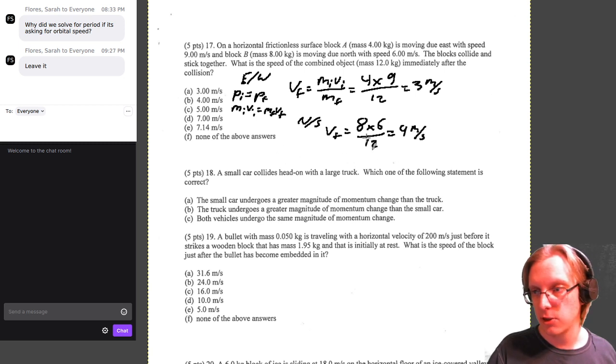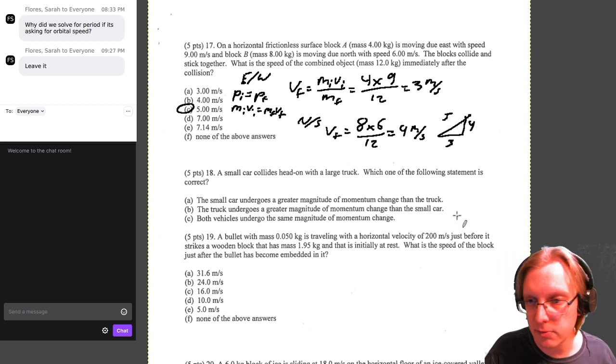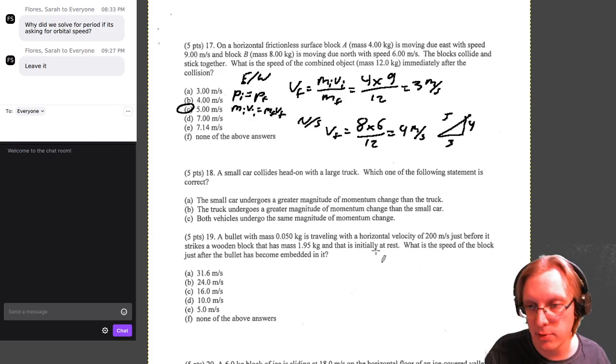Oh, that's nice. We're going one direction and the other direction. 4, 3. So that means that this is 5. Questions about that? That momentum makes sense?